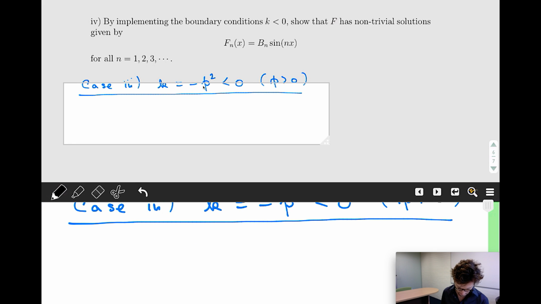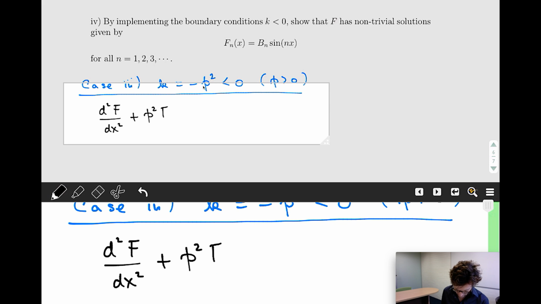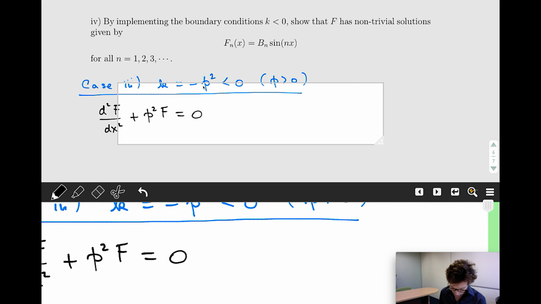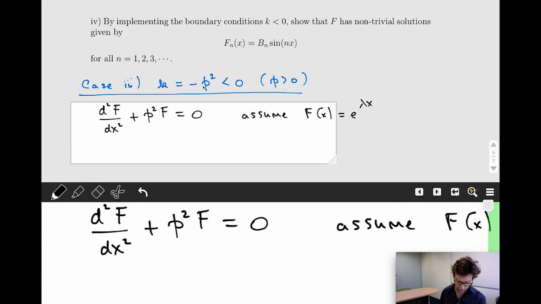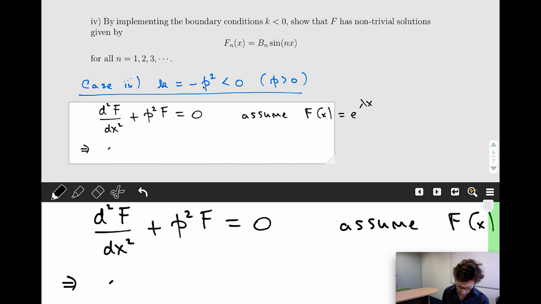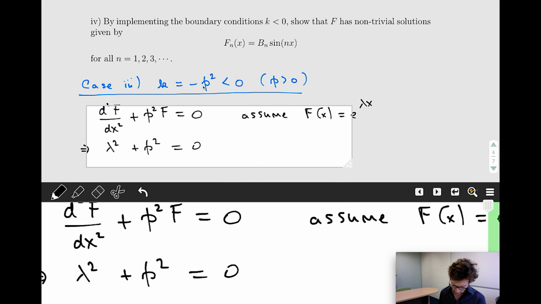I've got d squared f dx squared plus p squared f of x. Let's assume solutions of the form f of x is equal to e to the lambda x, which is going to transform every derivative with respect to x into a power of lambda. So I have the following characteristic equation, which has solutions lambda is equal to plus or minus i times p.